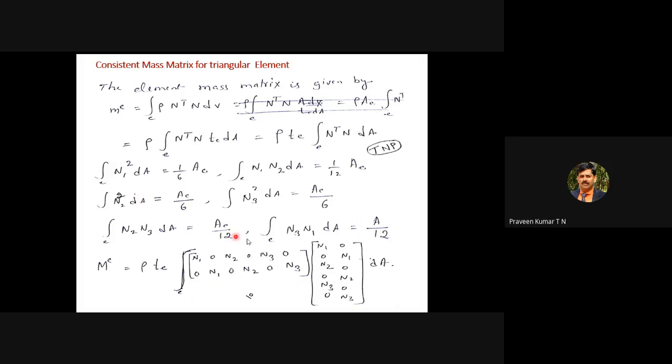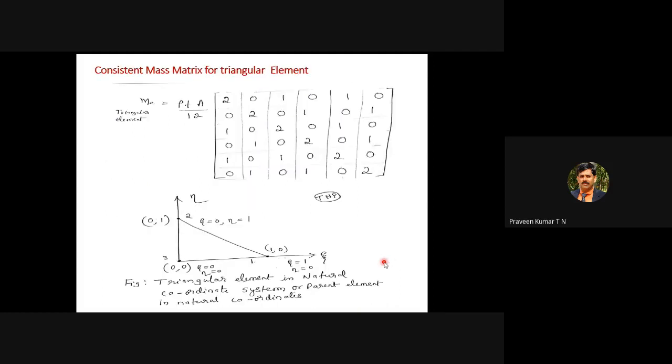So finally, the mass matrix is given by the integration of n transpose into n. If you multiply all those things, you get the mass matrix for the triangular element. It is a 6 by 6 matrix. All diagonal elements are 2, which is easy to remember.